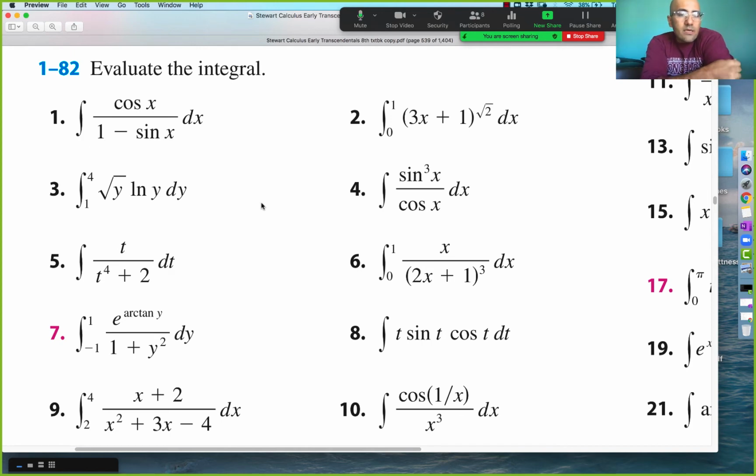So maybe integration by parts, thinking of this as a multiplication of functions, and then letting one of the two functions equal u, the other function equal dv.